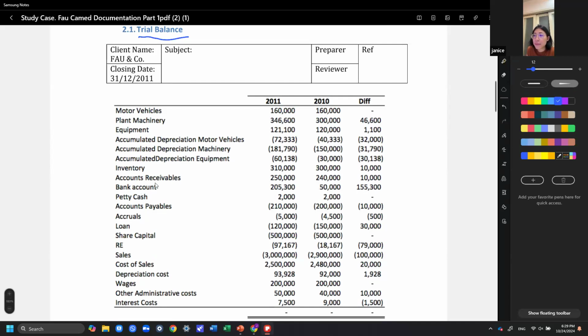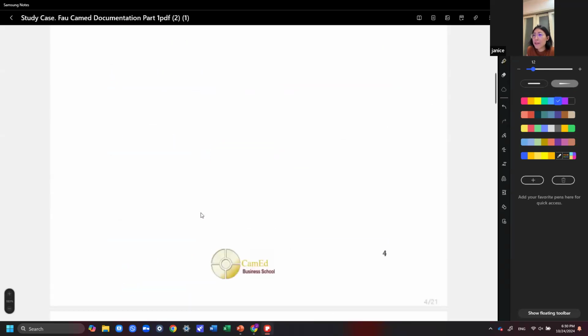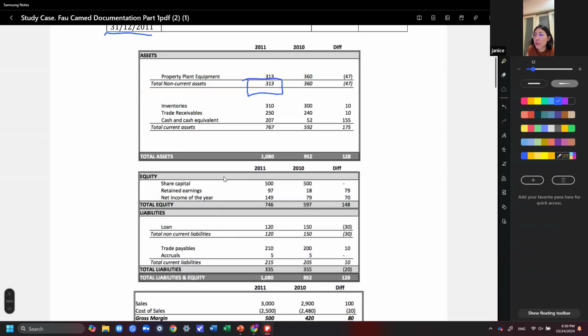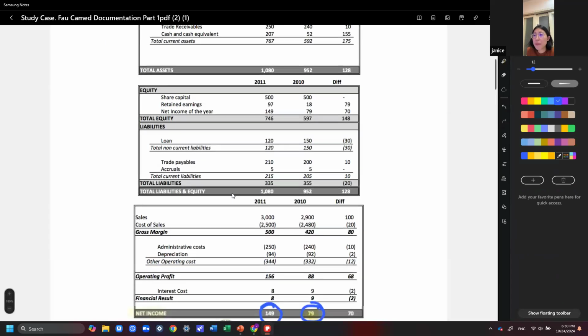So here, what we have is PPE, right? I'll show you guys again. Property, plant and equipment for 313,000.